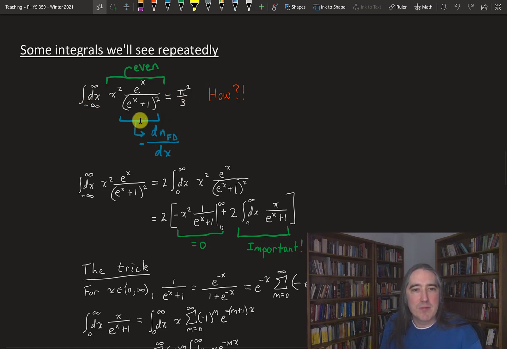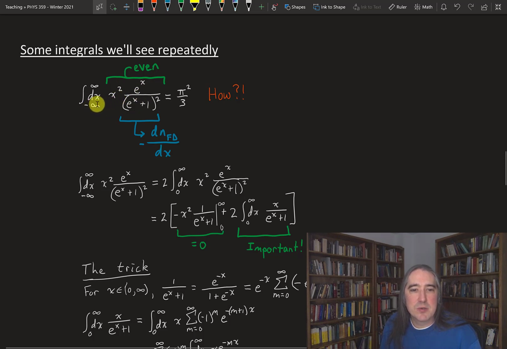I've given you 2 hints here about how we're going to attack this. This is somewhat good advice for any integral that you come upon that you don't know how to do right off the bat. First, look for symmetries. This x squared is even. We saw that this is really 1 over cosh squared, so it's even. Overall, the integrand is even.